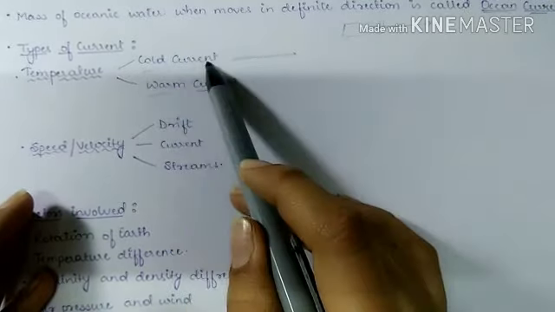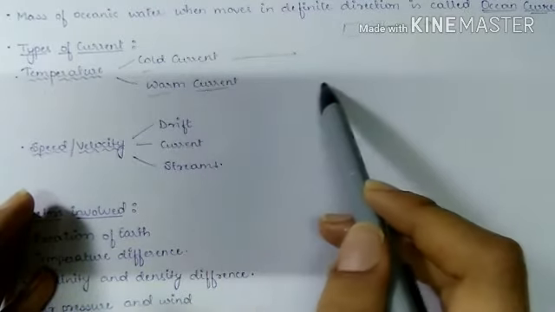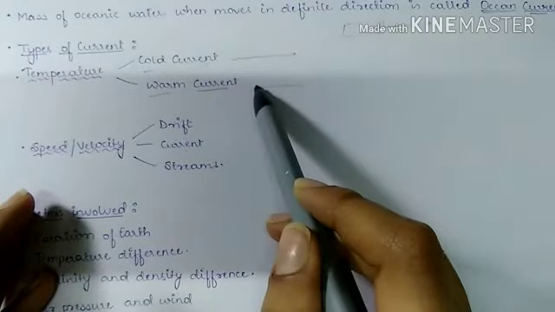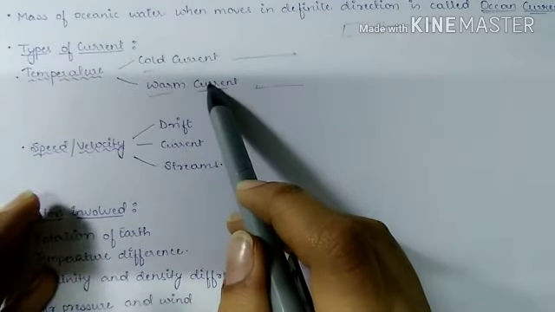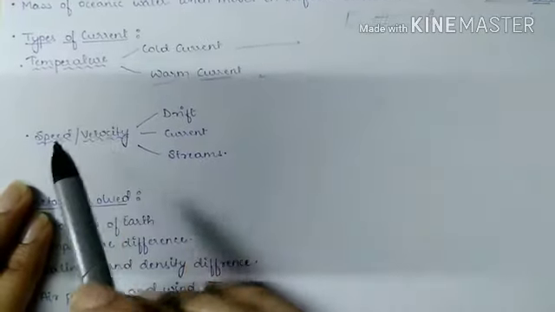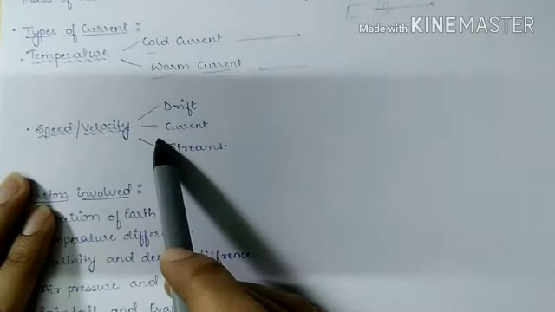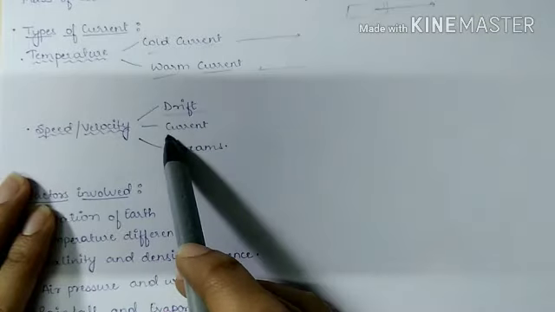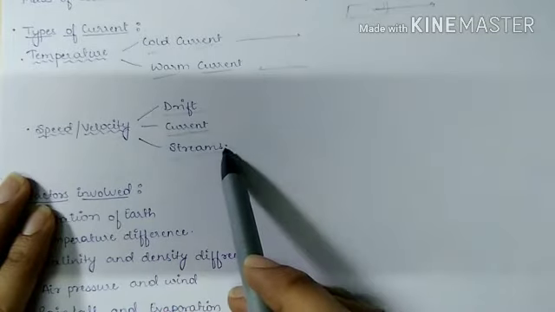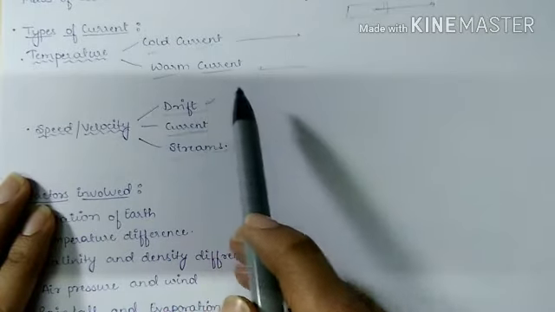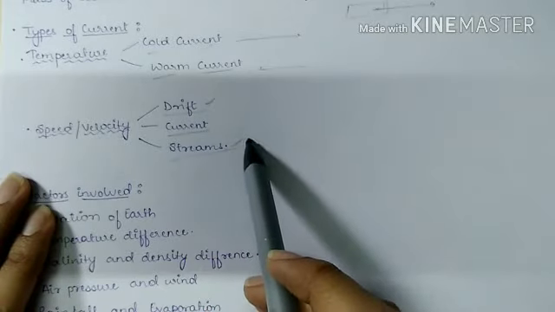The other, which moves from the equator towards the pole side, is known as warm current. And on the basis of velocity, we have three types of current. First is drift, second is current, and then we have streams. Drift has the least velocity and stream has the highest velocity.